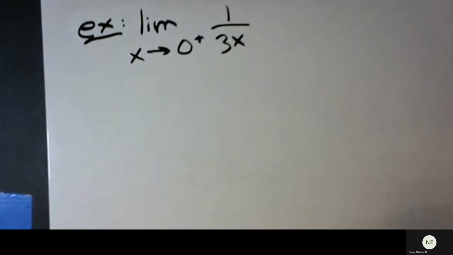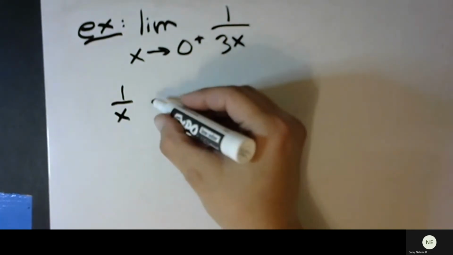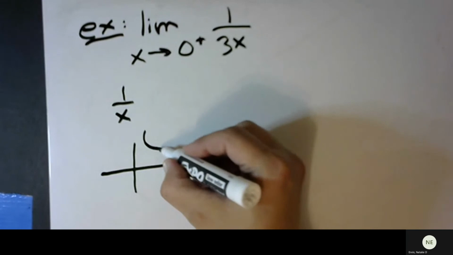Now again, this is a canonical function. It's going to be your 1 over x, and it's going to look something like this.